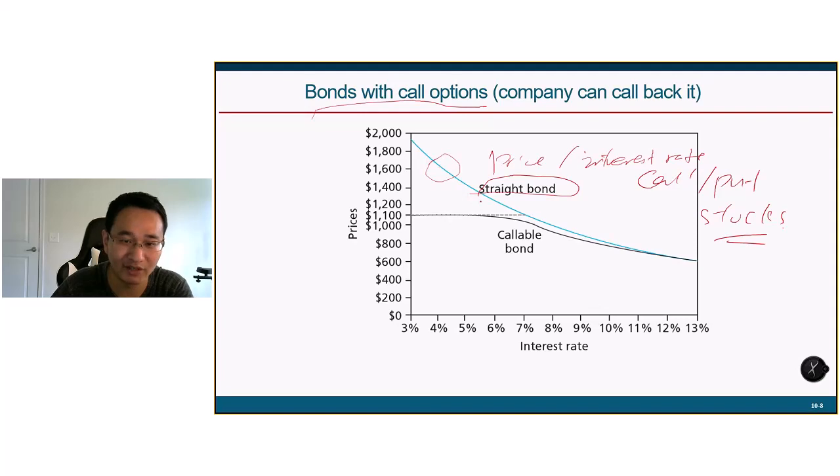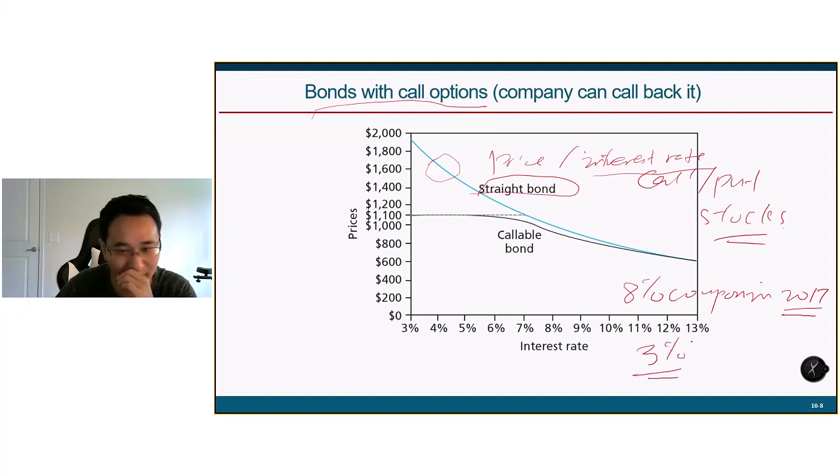However, companies will think about what happens when interest rate goes down. If they issued a bond with an 8% coupon, like in 2017, and right now the prevailing interest rate for corporate bonds is around 3%, this is not a good deal for them anymore.